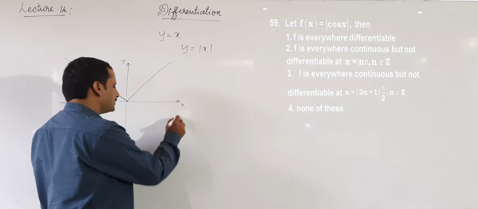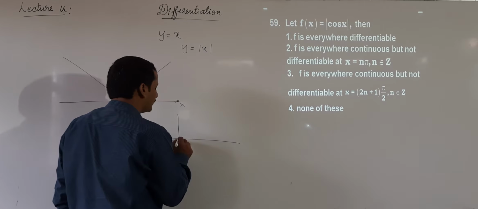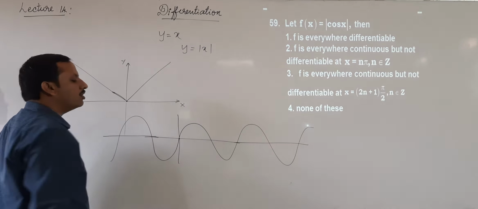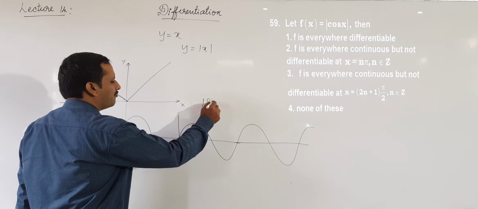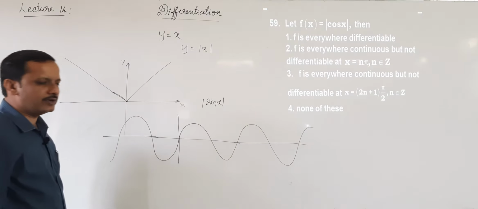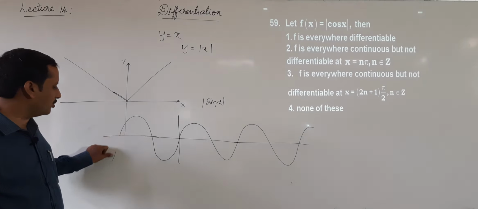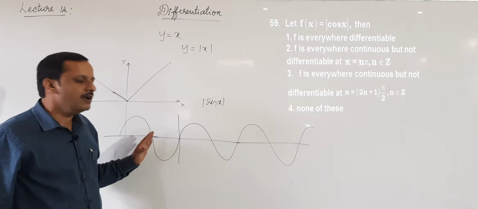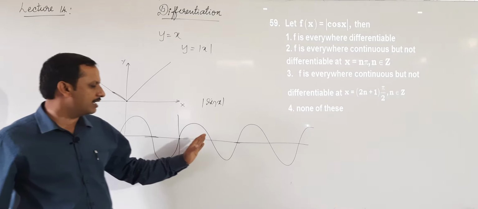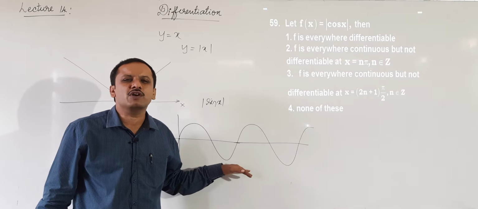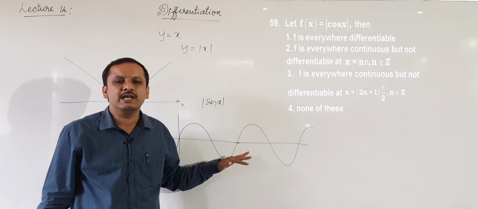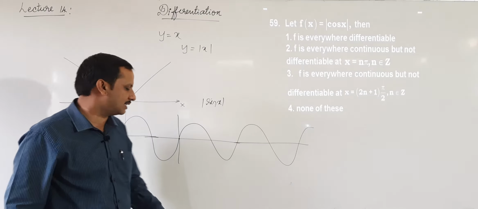Now look at the graph of sin x. This is the graph of sin x, right? Now, if I want to draw the graph of modulus of sin x, what we need to do is take the portion of the curve that lies below the x axis. See here, from minus pi to 0, here pi to 2 pi, then here 3 pi to 4 pi, etc. Take the portion of the curve which lies below the x axis, and take its image with respect to the x axis.